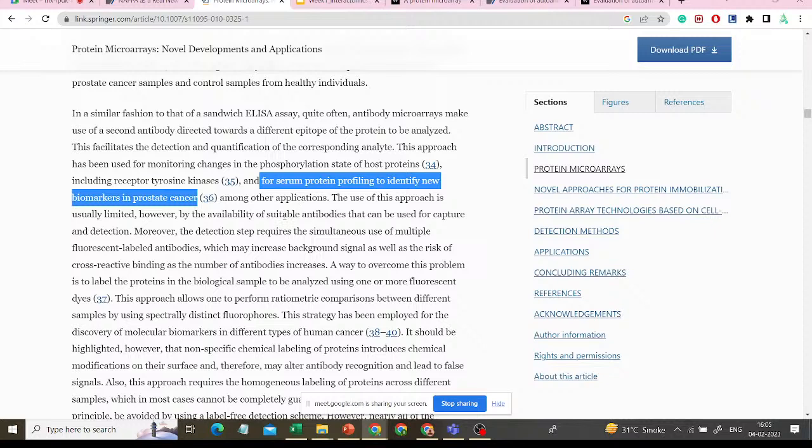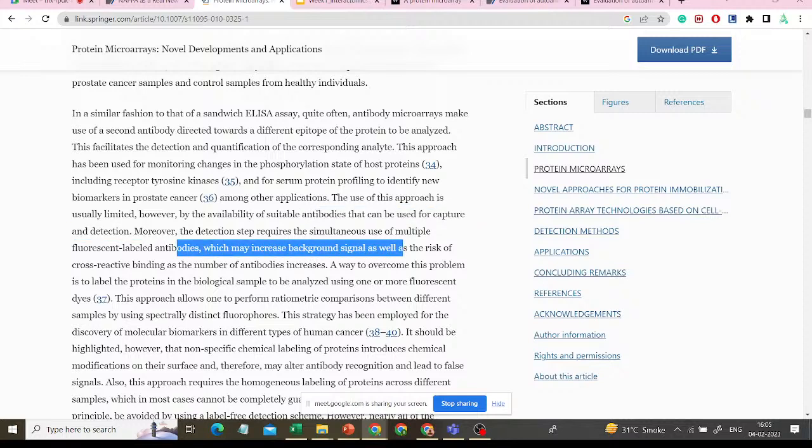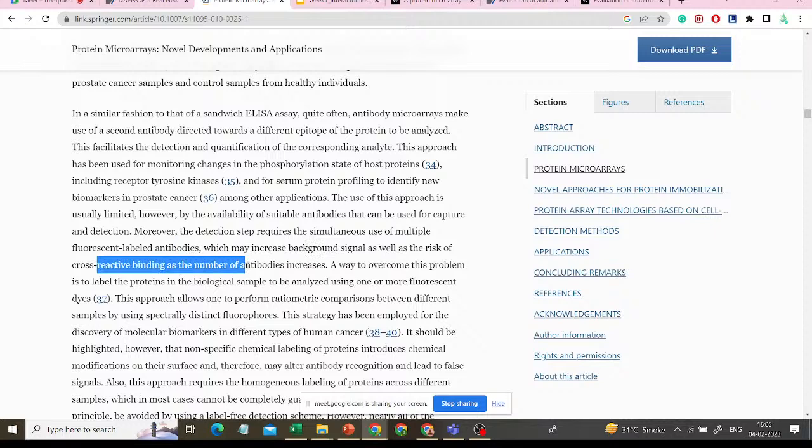But the availability of suitable antibodies for capture and detection is not quite feasible. Using multiple fluorescent labels, the background signal as well as the cross-reactive binding increases as the number of antibodies increases. Once you go through it, you can understand the different things.